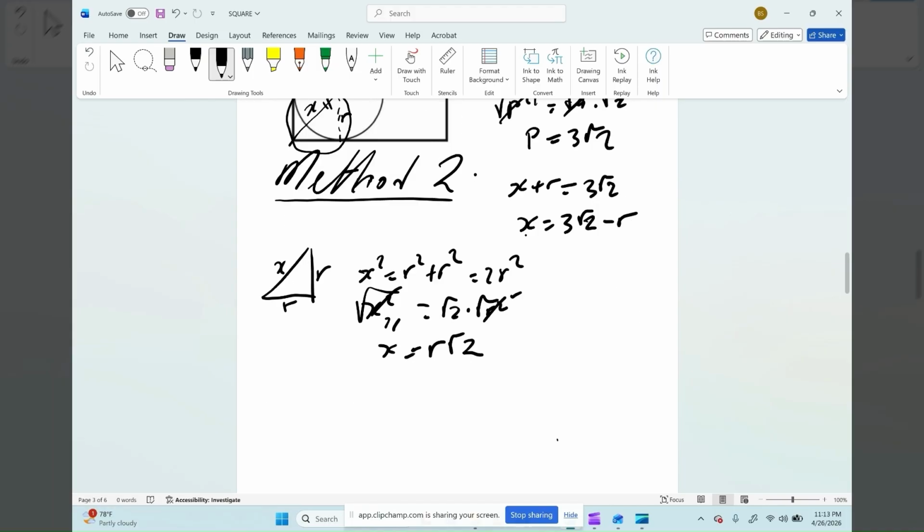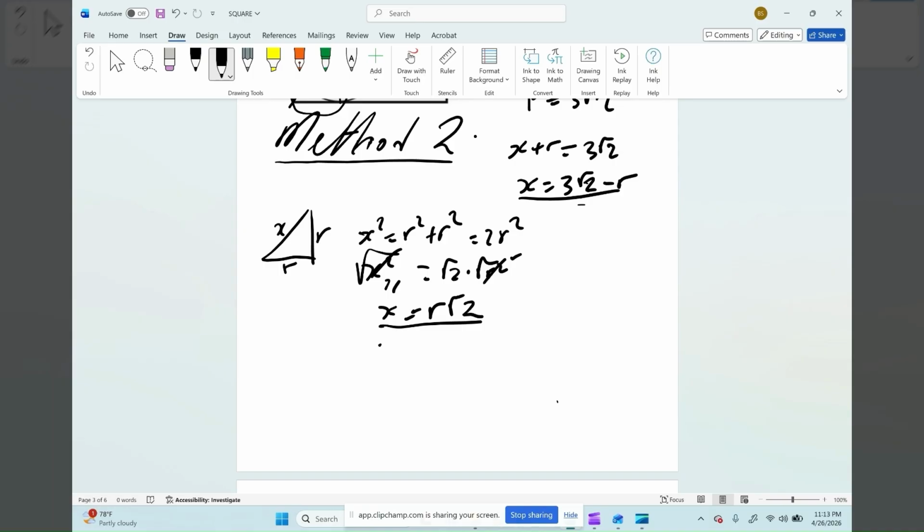Therefore, x is equal to r square root of 2. Two values for x, so let's equate them. We have r square root of 2 is equal to 3 square root of 2 minus r. Therefore, r square root of 2 plus r is equal to 3 square root of 2.